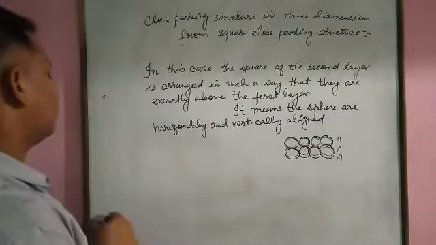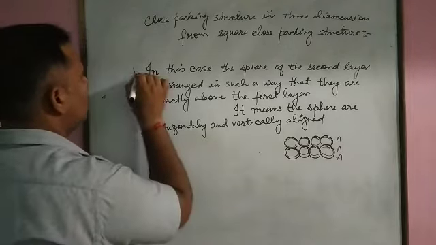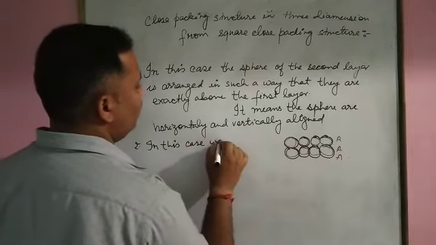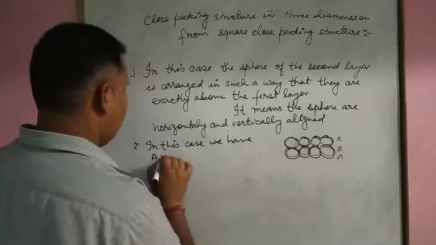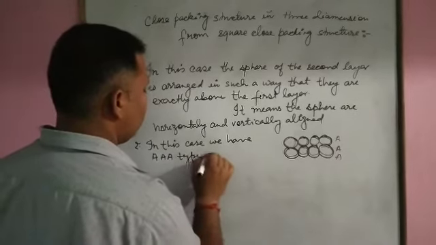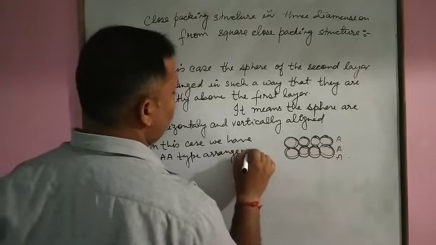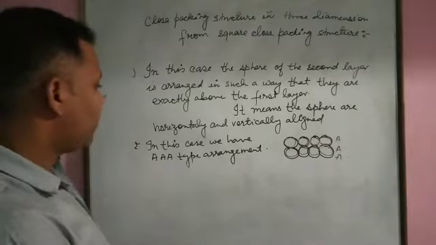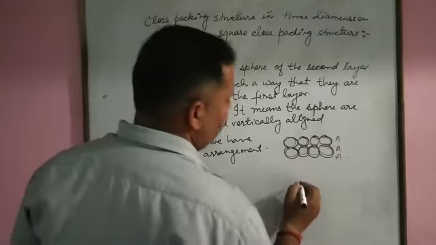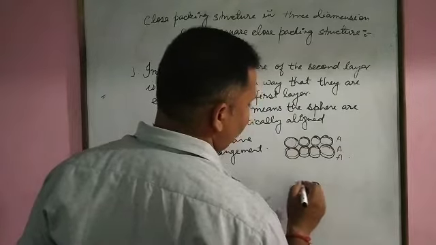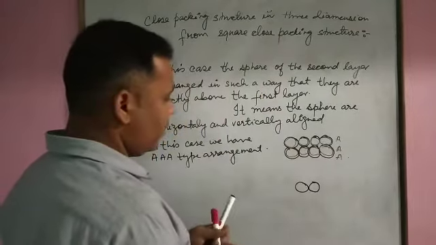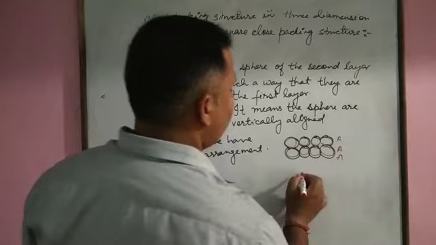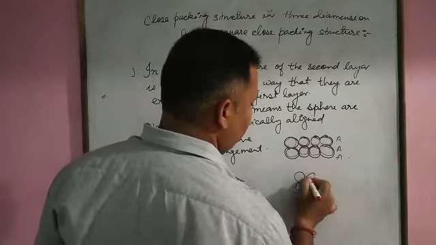It means in this case we have A type arrangement. Next, if we have a side view, then the spheres are like this. 1 atom, 2 atom, the next atom is behind this, the next is behind this. The above spheres are like this. One is behind this, and the next behind this.